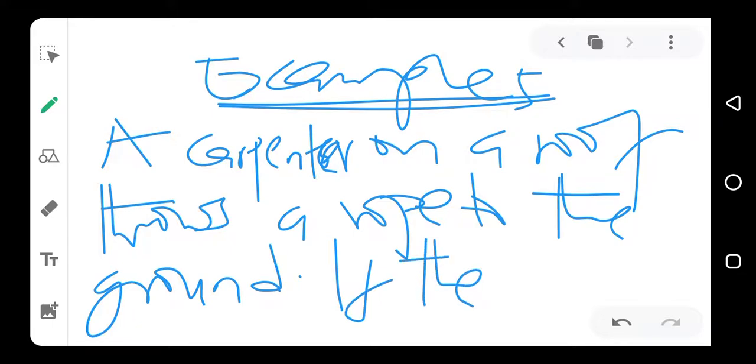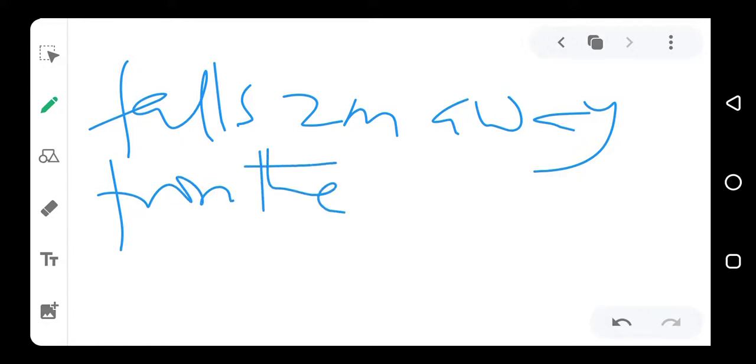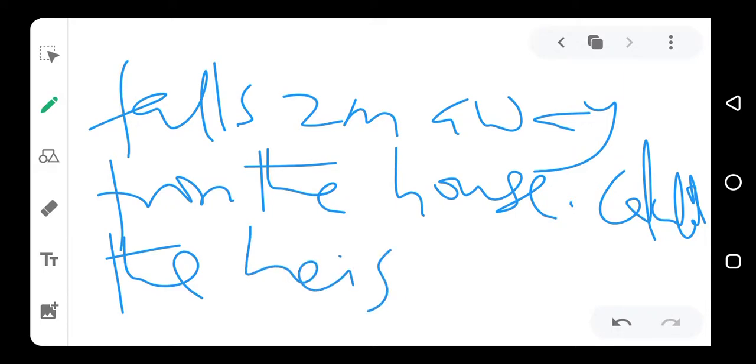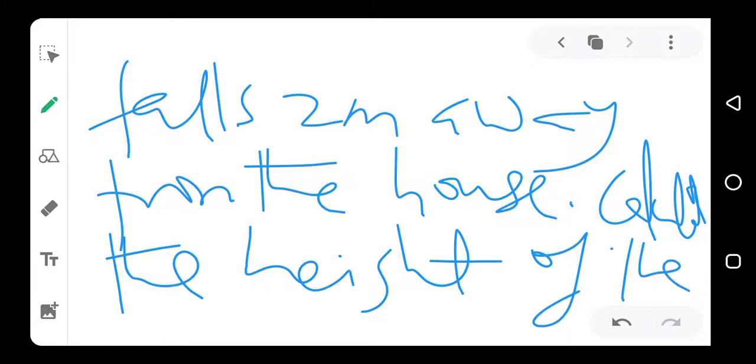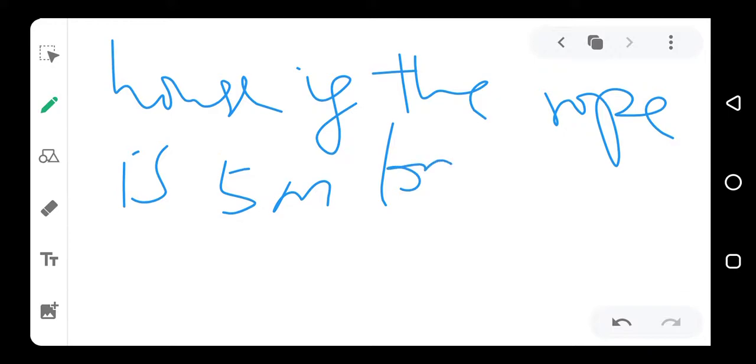If the rope falls 2 meters away from the house, calculate the height of the house, if the rope is 5 meters long.